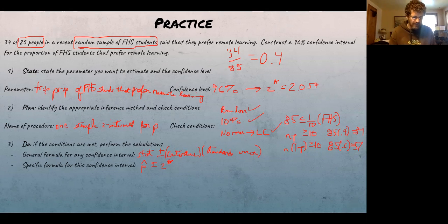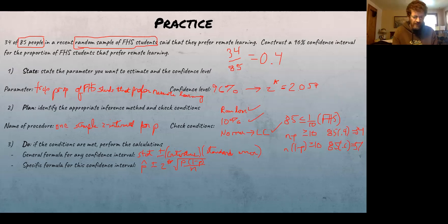The standard error is going to be the square root of p times 1 minus p all over n. And now we have thoroughly shown that we know what we're doing. And now we're ready to go ahead and do the calculations.